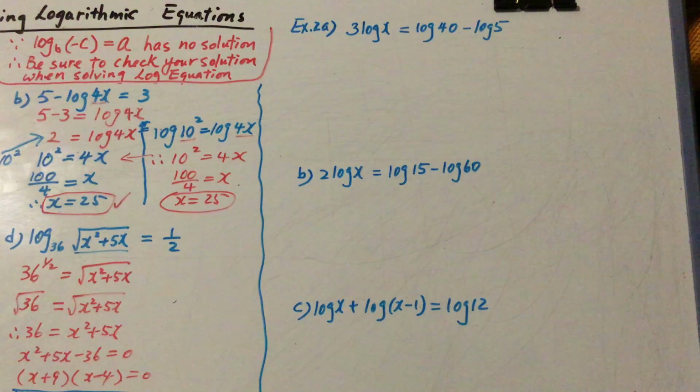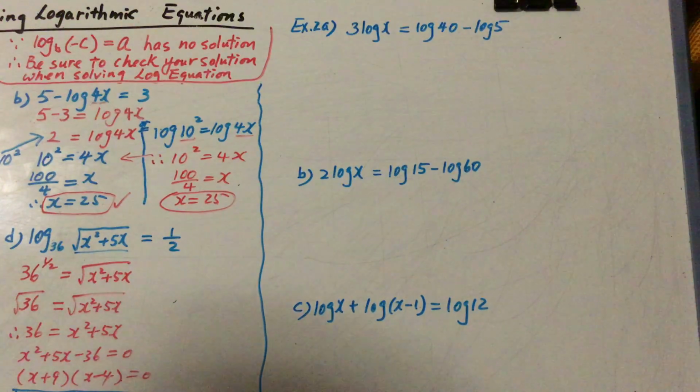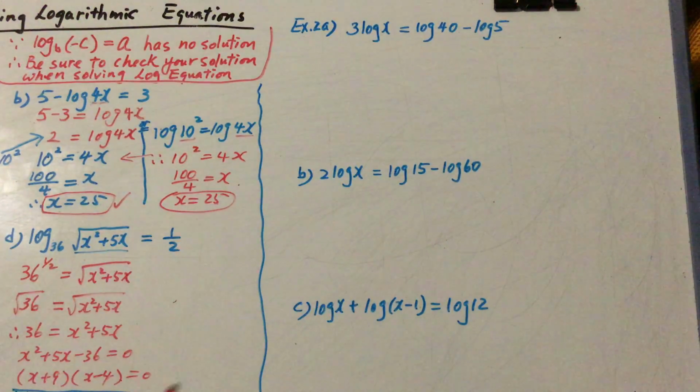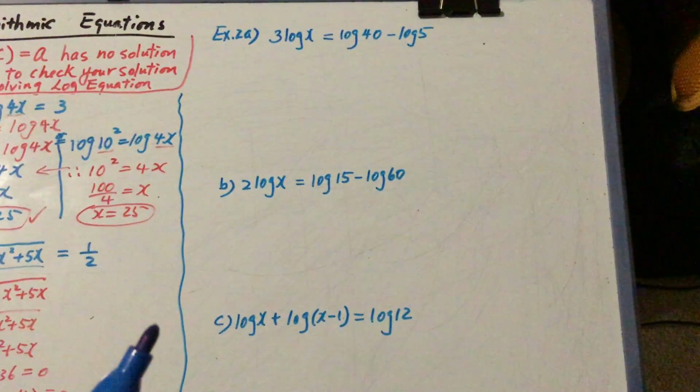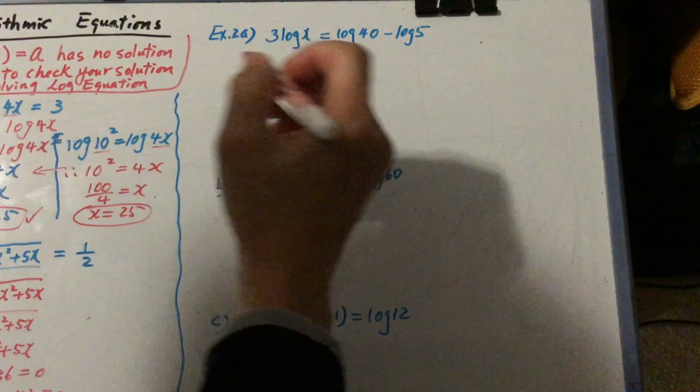In example 2a, you have 3 log x equal to log 40 minus log 5. Some of those questions will involve the log laws.